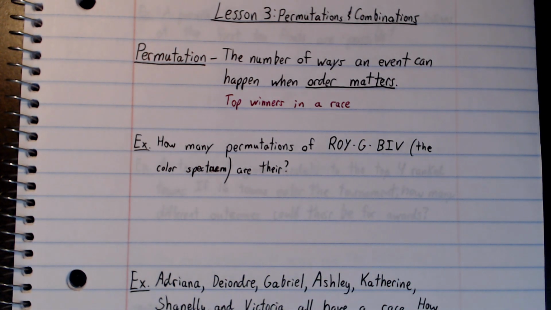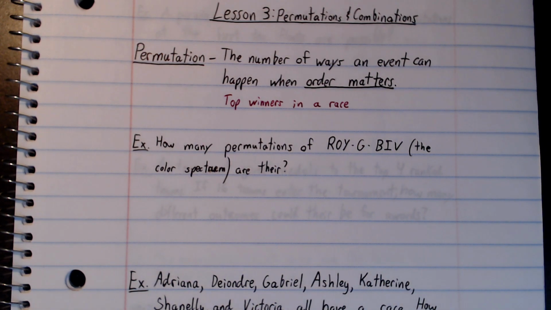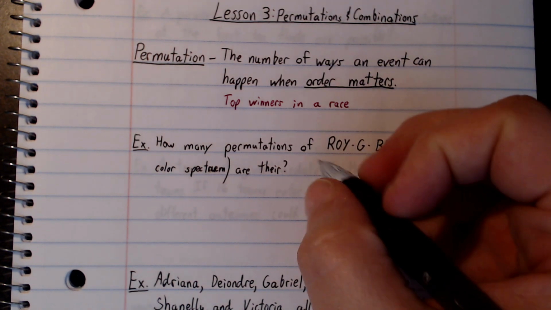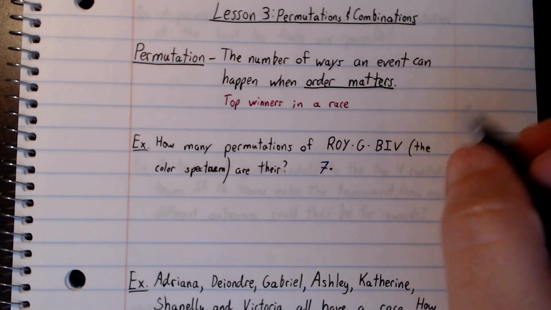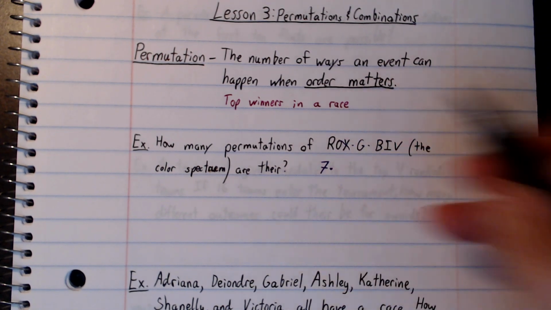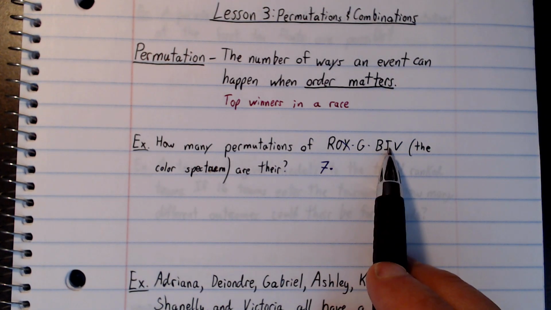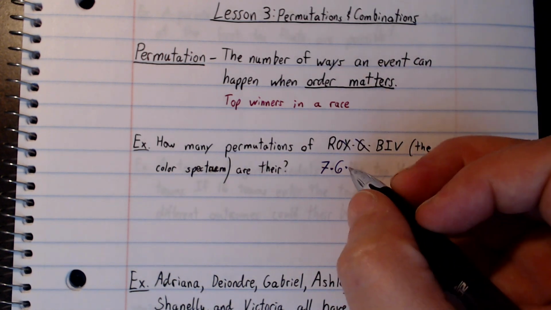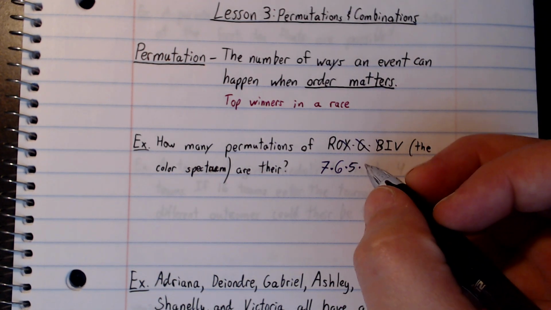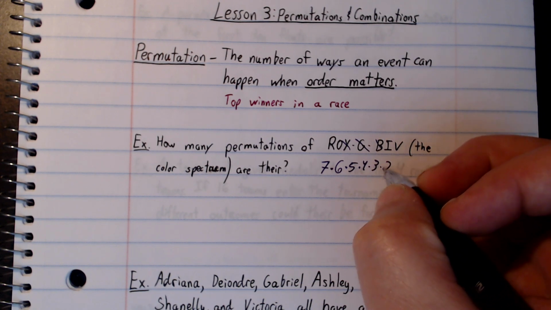So this is what we would do in this situation. We have 1, 2, 3, 4, 5, 6, 7 different options for that first spot. Now, if we use one of them, like let's say we use yellow first, we only have 1, 2, 3, 4, 5, 6 left to choose from. And so on and so forth. So we keep on losing one every time we choose one.